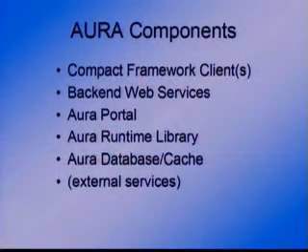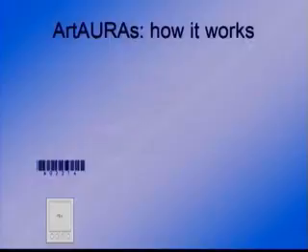The portal that you saw is another ASP.NET application. And the actual running of the business logic is done in a runtime library that I'll be showing you very briefly. And of course, there is a database system at the back and a set of external services that we get from Amazon, from a company called Service Objects, and from XMethods, for those of you who are familiar with it.